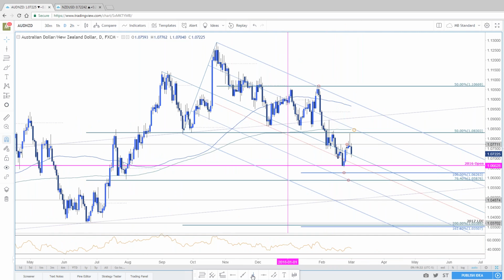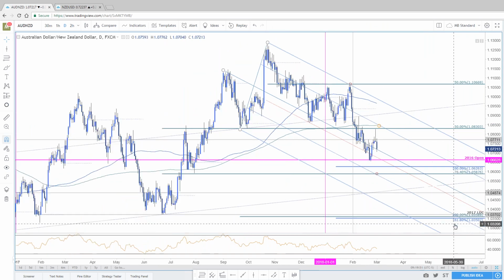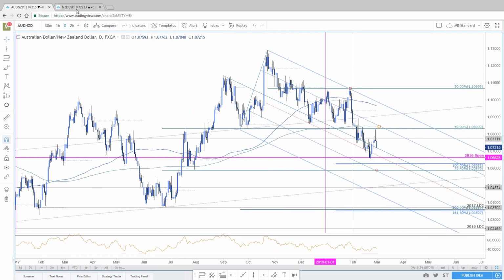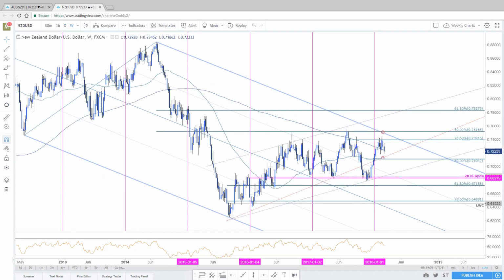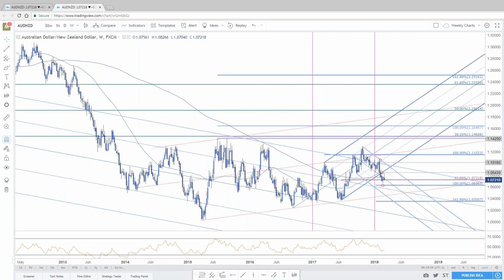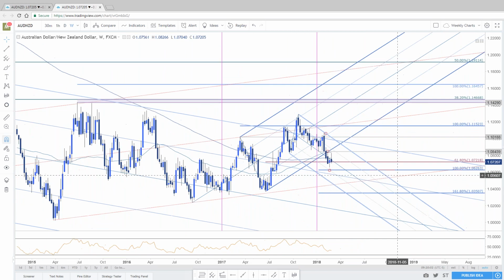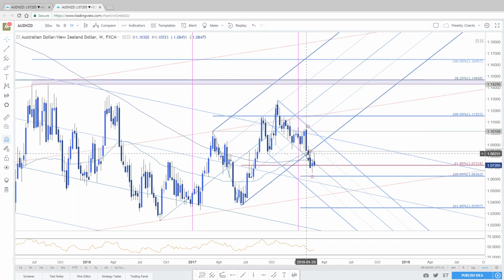Let me see the monthly open here. Yeah, so look, this is the January opening range, right?